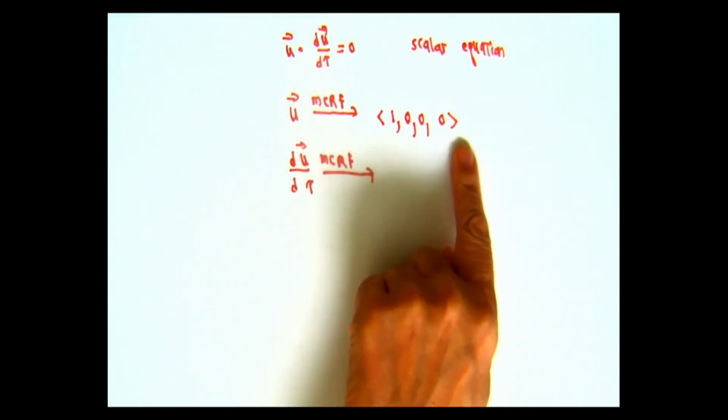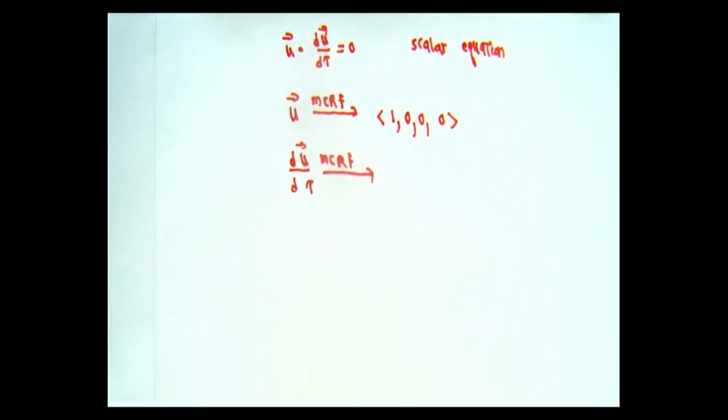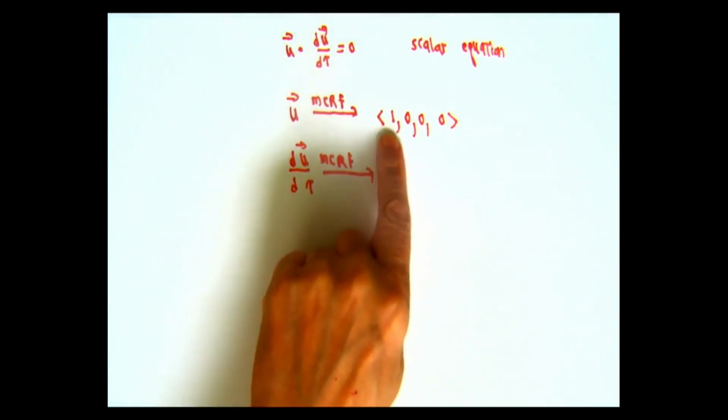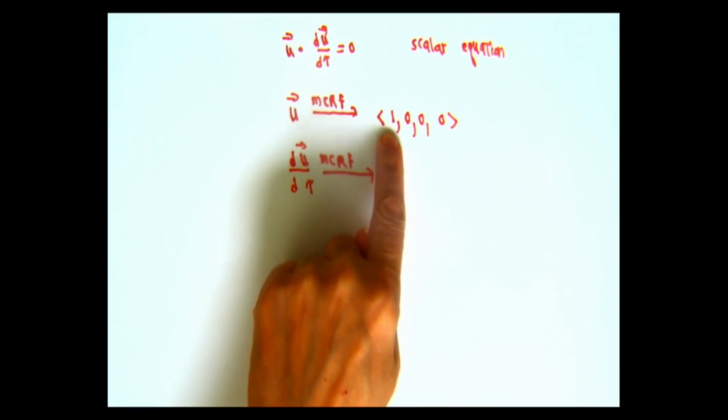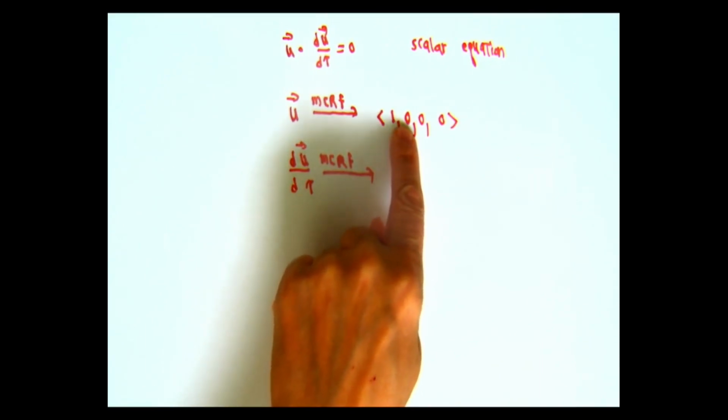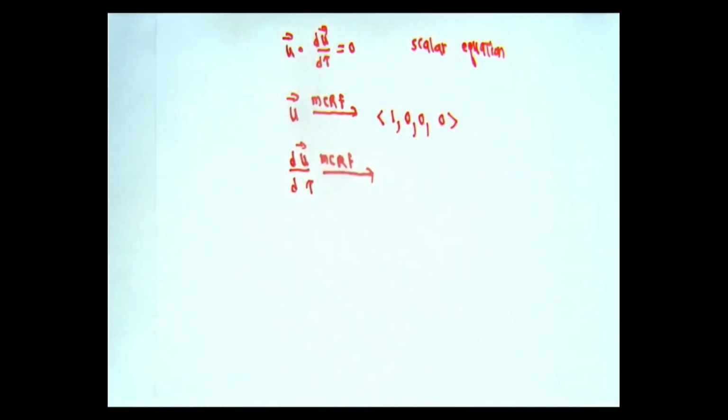This being true means that u, at the point we're interested in, is 1 times the time basis vector at the point we're interested in, plus 0 times the first space component vector, 0, 0. As I move along the path, the basis vectors change. So it is not clear at all that du d tau is the 0 vector. In fact, generally speaking, it isn't.